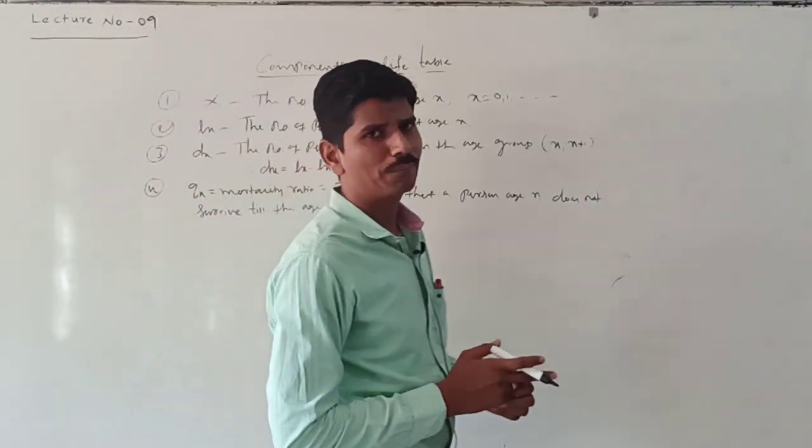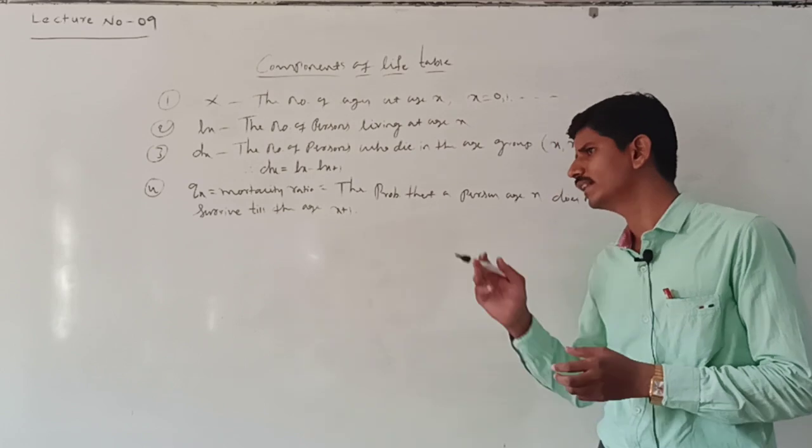Define mortality ratio: the probability that a person age x does not survive till the age x plus 1.